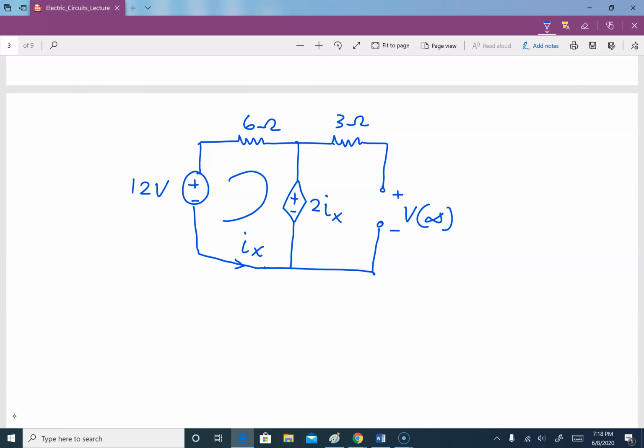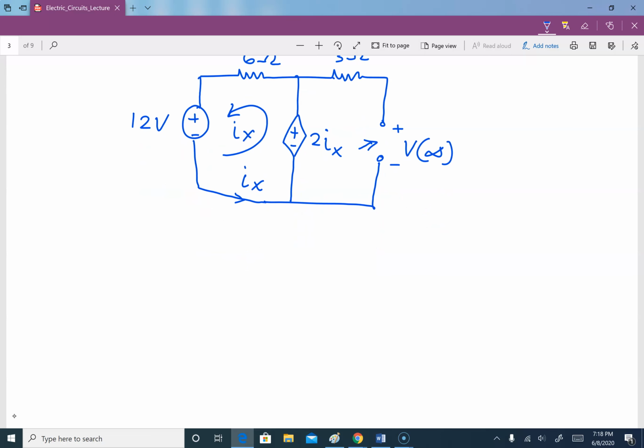So let's say that we will have our IX here. This is open, so there is no loop in that side of the circuit. So loop IX, and we are putting it in the same direction of IX, so it is counterclockwise. So we will write our equation.